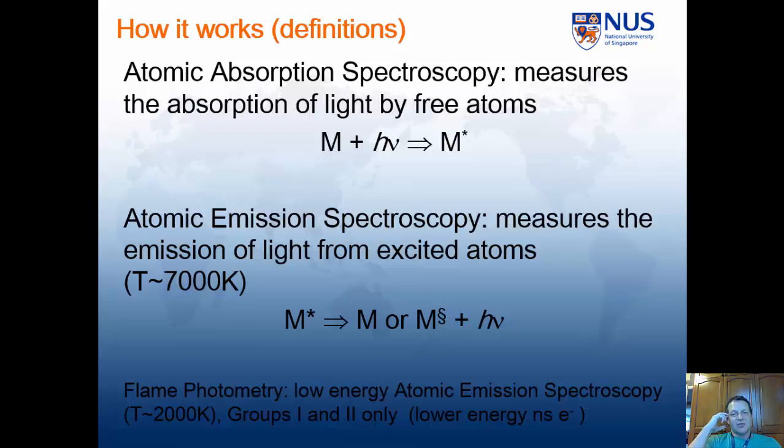You're shining light of a specific wavelength, that is a wavelength that can be absorbed by electrons in the metal ions that are in the spray, your sample that you're spraying into the flame, and these absorb that light as photons at a specific frequency or specific wavelength to give you some excited state. And with atomic absorption, you are measuring that absorption. By definition, atomic absorption, atoms absorbing.